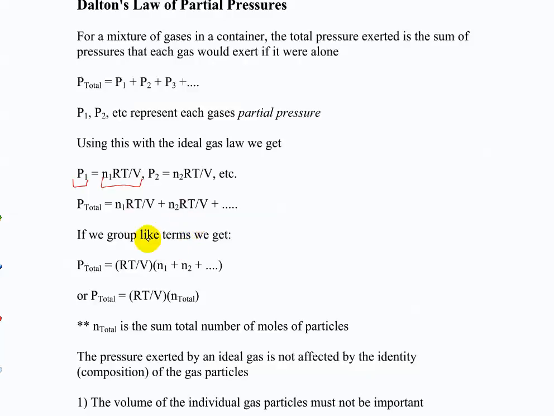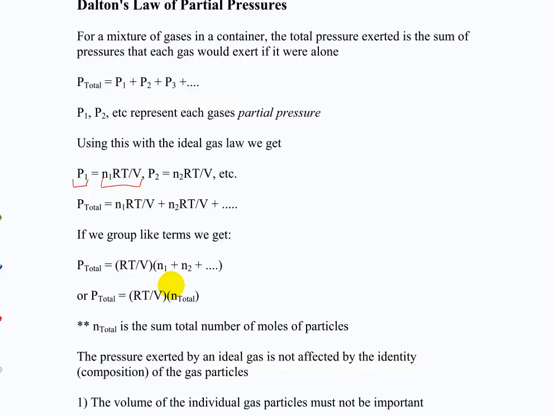Okay. So you group the like terms, meaning you pull RT over V out of the equation, and you end up with P total equals RT over V, which is held constant, times the sum of the moles. So what this is really saying is the total pressure is proportional to the total moles, which we already sort of know because that's the case in the ideal gas law.